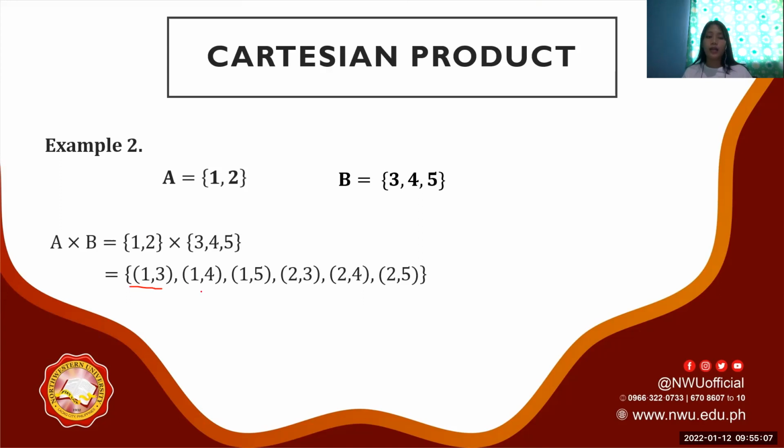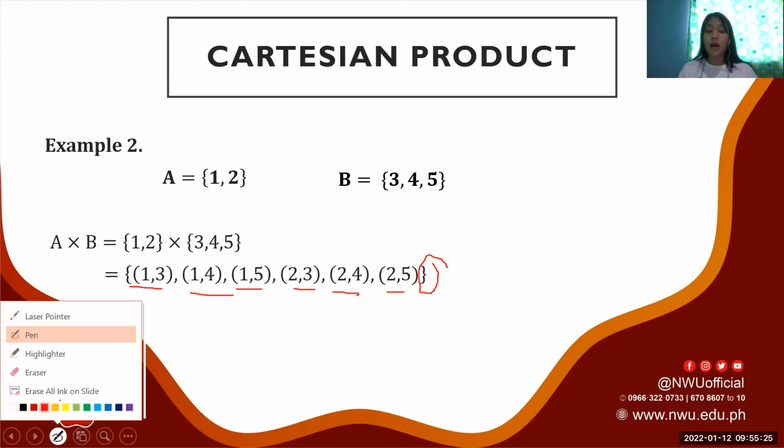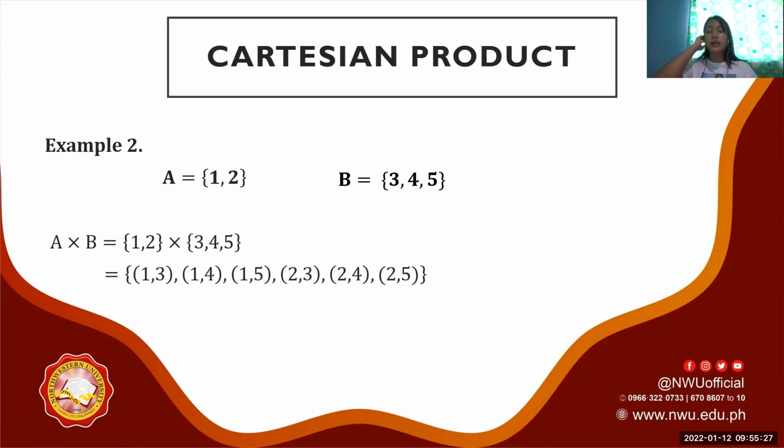You'll also get 1 and 4, 1, 5, 2, 3, 2, 4, and 2, 5. So when we talk about set, it's always inside a brace. So dapat meron kang ganito. Since pag Cartesian product, we're talking about sets. So ang Cartesian product is the set of ordered pairs na pinipair natin from set A to set B.